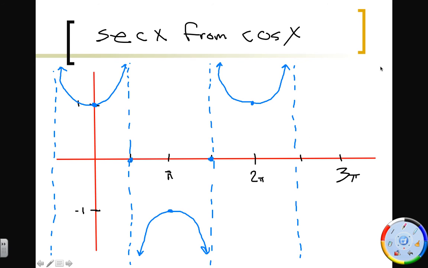So if you really feel like it, we can be a little bit more adventurous, and we can draw in another one here. And I know you guys are all adventurous and more graphing, right? I know you are. Don't lie. All right, so that is 2 full periods of secant, in case you were wondering.